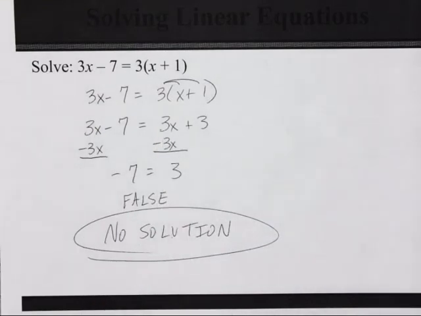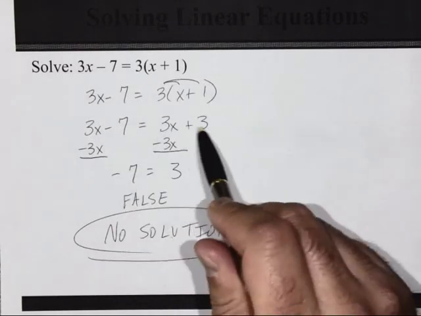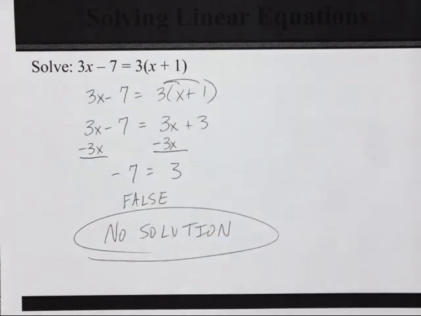So if I take the identical number and I subtract 7, and I take the exact same number and I add 3 to it, I'm never going to get the same value there. So there's no way that these results on both sides of the equal sign are going to be equal. It's always going to be something that's not equal. Therefore, there would be no solution to this equation. There's no value of x that's going to give me a true statement.